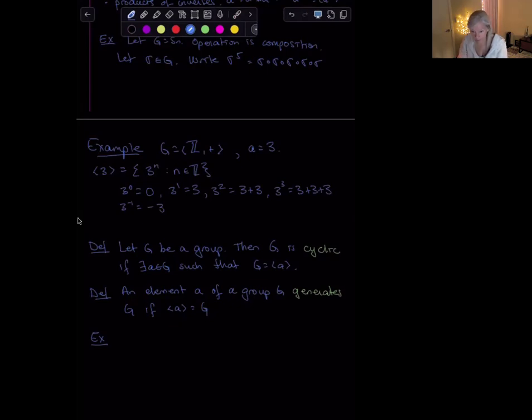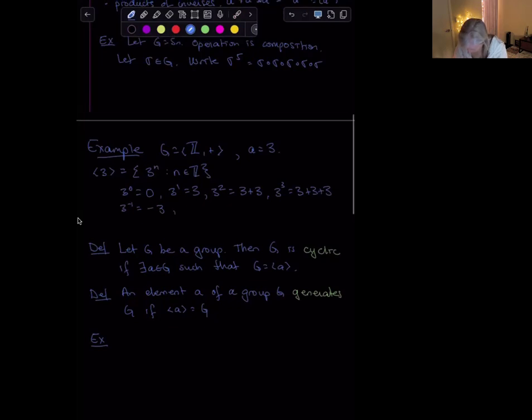So 3 to the minus 1 just means the inverse, and the additive inverse is -3. 3 to the minus 2 is going to be -3 plus -3, etc. Okay, so then this set is just going to be -9, -6, -3, 0, 3, 6, etc.